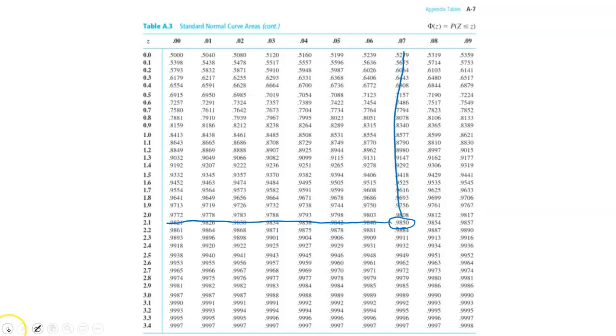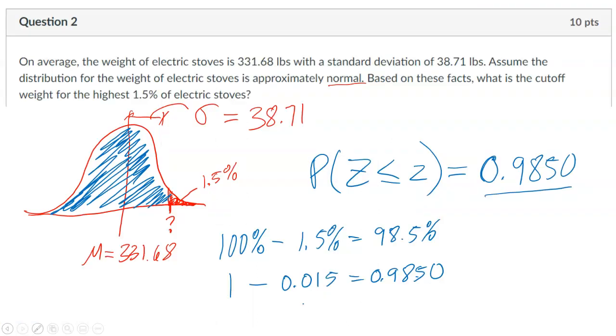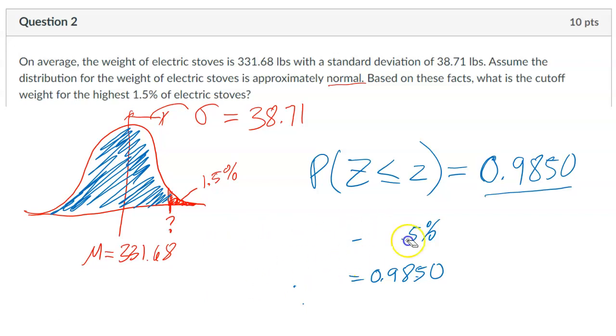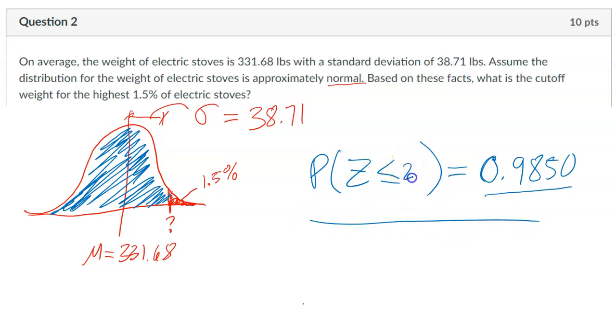So let's go back and identify what we're saying. We're saying that there is a Z value for which this is true, and that is 2.17. When Z is less than 2.17, that will be the percentile, the probability that is below that.